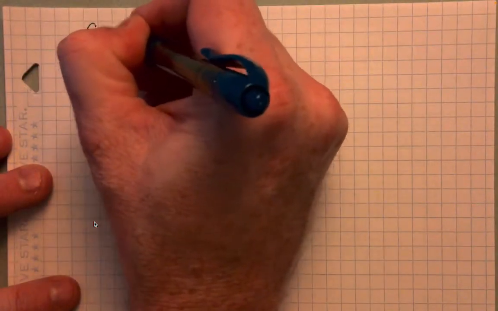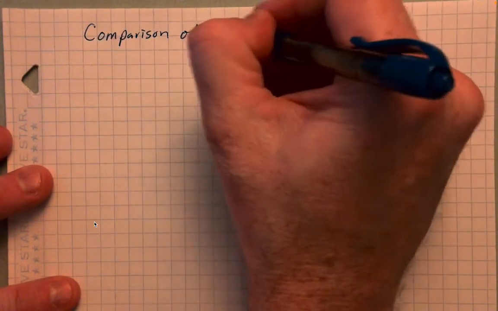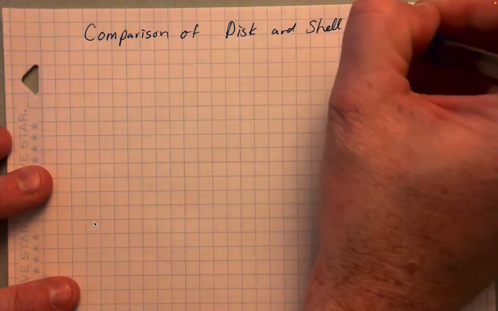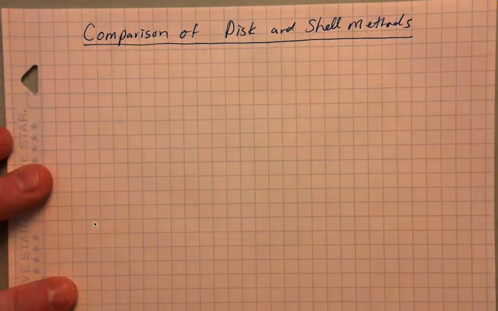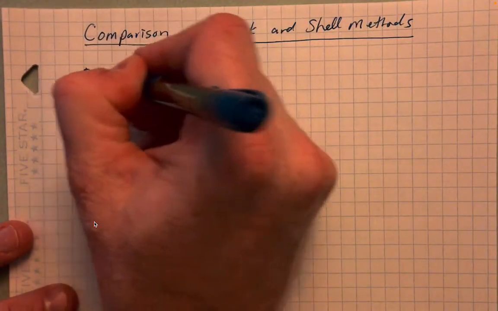So let's do a comparison of disk and shell methods. Let's recap the disk method here.